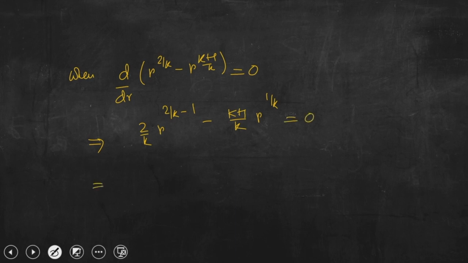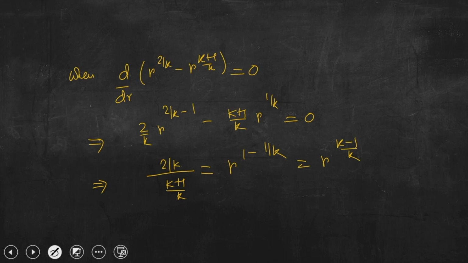So, if we go one step further, then we can find 2 upon k by k plus 1 upon k, that is nothing but r power 1 minus 1 upon k, that is nothing but r power k minus 1 upon k.